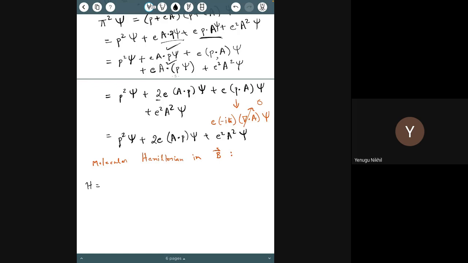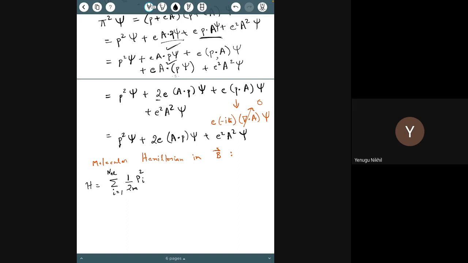So the p square term. Small i runs over all the electrons in the system, 1 to the number of electrons. So we had pi square by 2m, remember? So 1 by 2m pi square, the canonical momentum of every electron, and you sum it up.